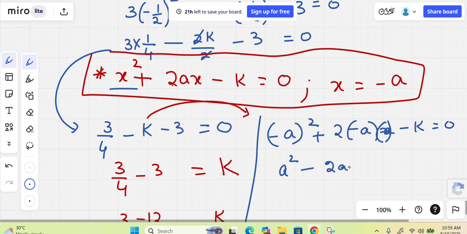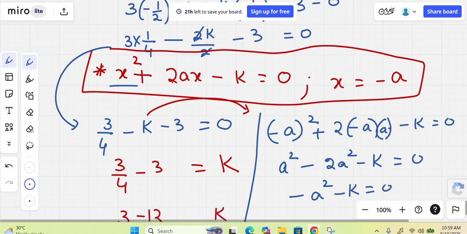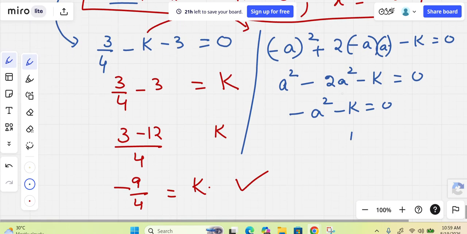Minus 2a square minus k equal to 0. x was a actually, right? So this was minus a and 1 was a. So that becomes this. So this is minus a square minus k equal to 0, and hence k is equal to minus a square. Okay.